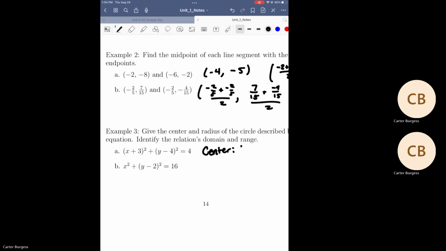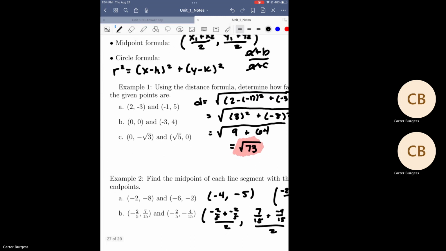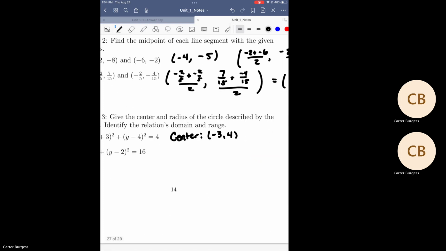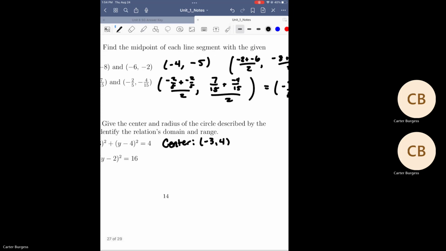-3, 4, very good. Remembering that because it's minus h and minus k up here, we reverse the signs of the x coordinate and the y coordinate, right? So the minus h minus k means we flip the sign, so we get -3 and +4.